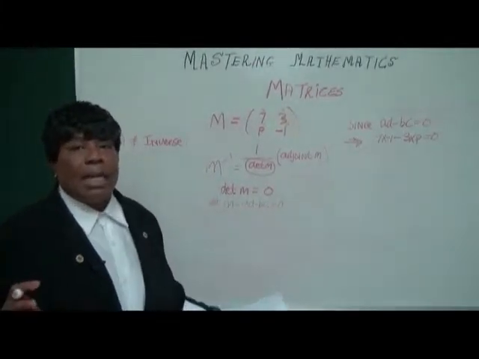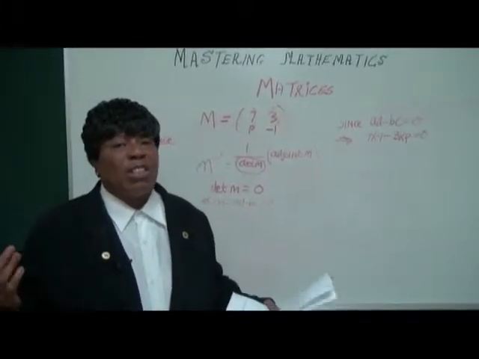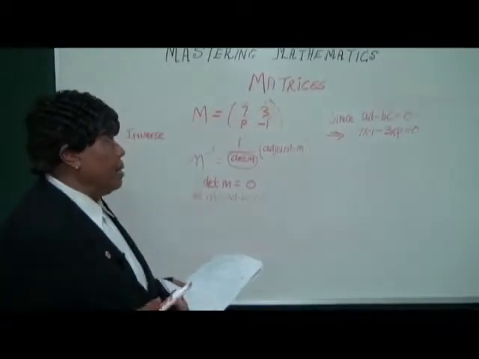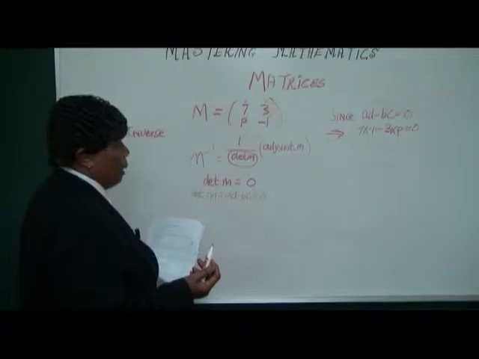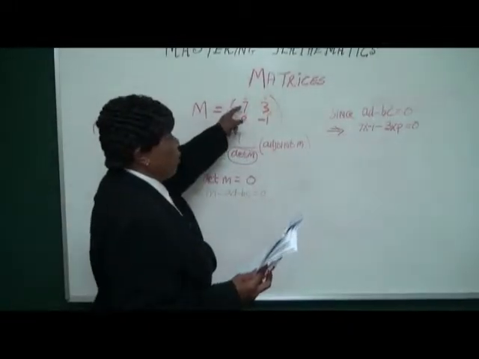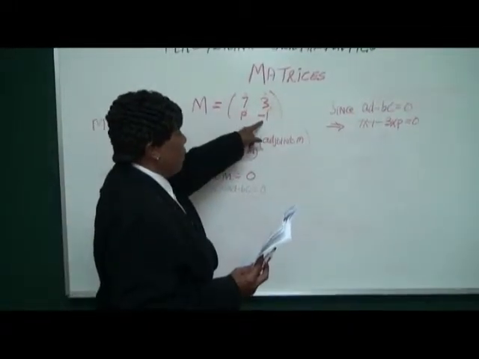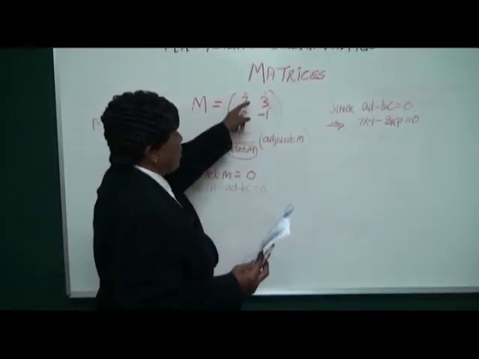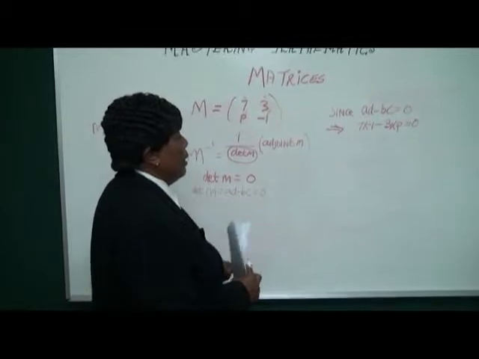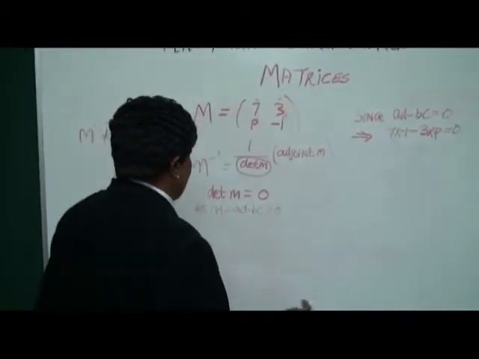And that is where we take our cue. If the matrix does not have an inverse, it means the determinant is equal to 0. What is the determinant? It is our first term multiplied by our last term minus our third term times our second term. All right? And that is what is equal to 0.